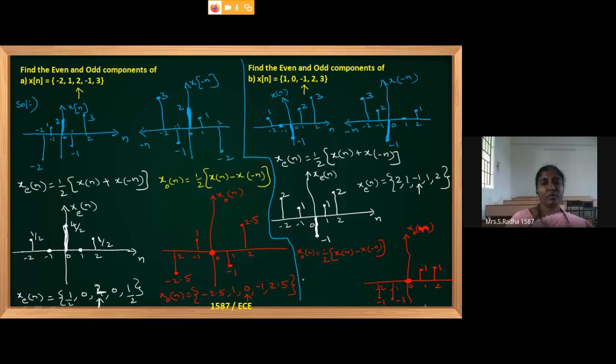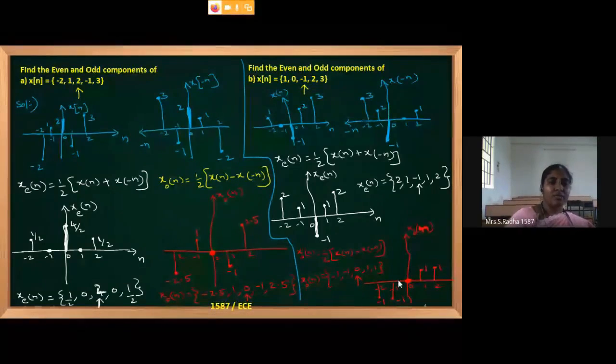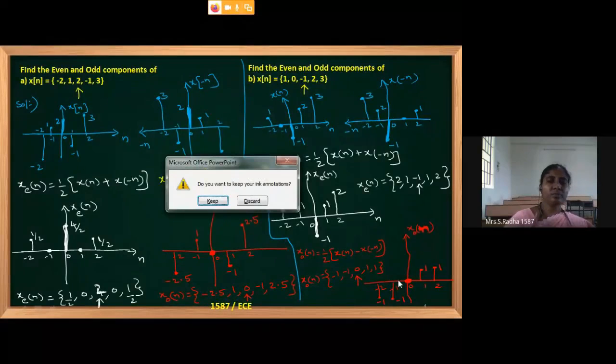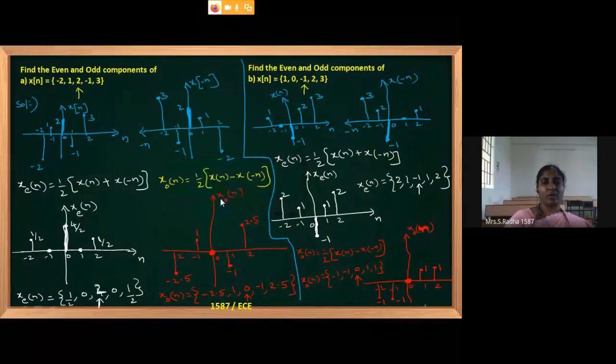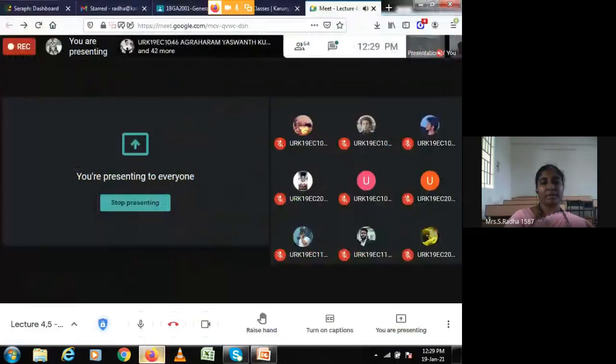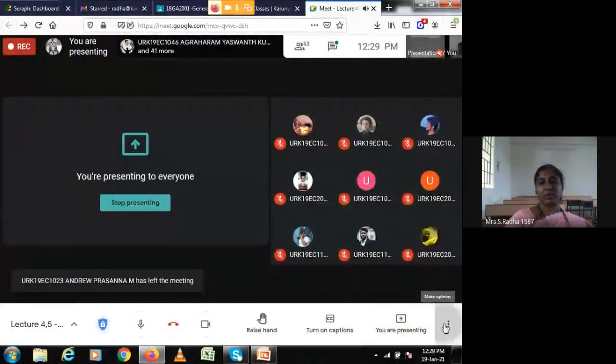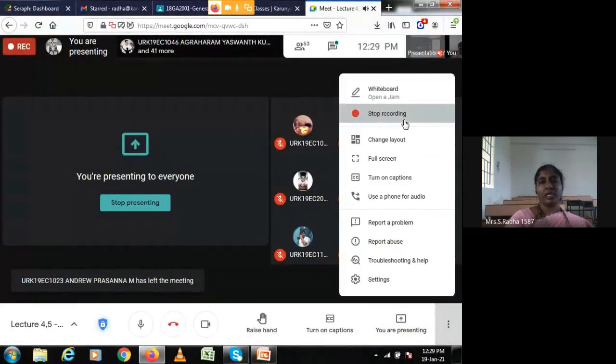Now you write the odd component: the signal is minus 1, 0, plus 1, plus 1. Give an arrow mark for the origin component. This is how you have to do even and odd components in continuous time and discrete time.